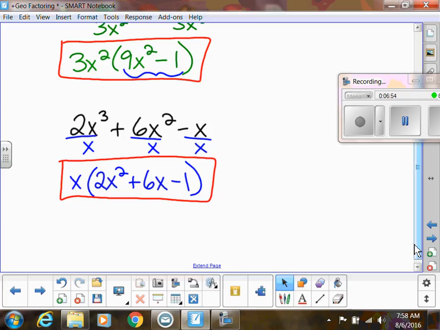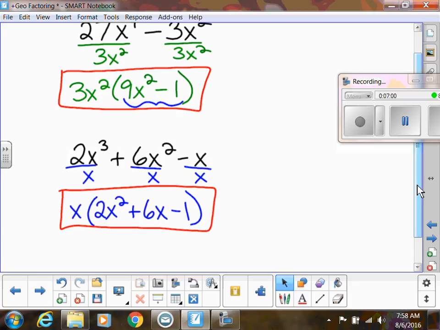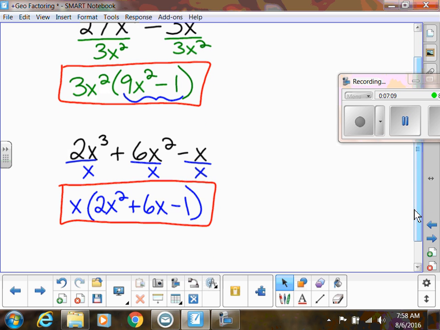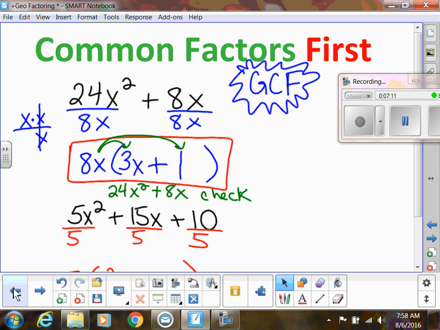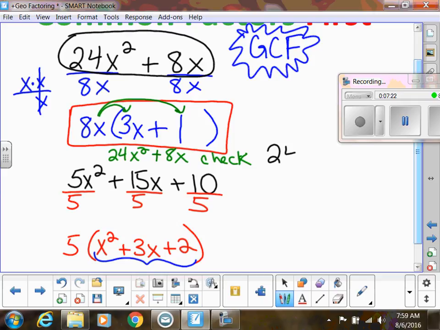Now, this is all greatest common factor, and remember I said that this was factoring as a way to solve. So how does this help us solve? So let's say, I'm going to go back to our first example. So let's say I had this quadratic, and I was trying to solve it, meaning I had the problem 24x squared plus 8x is equal to 0.